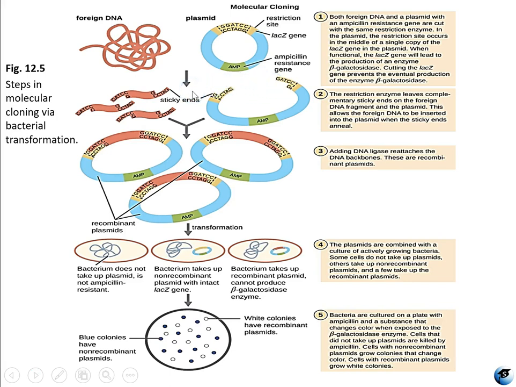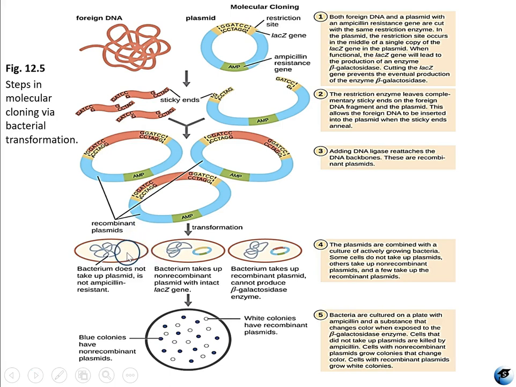Cutting this gene prevents the production of a specific enzyme called beta-galactosidase. The restriction enzyme leaves a sticky end on the foreign DNA, and this allows the foreign DNA to be inserted into the plasmid because the sticky ends stick together. Adding the ligase reattaches the DNA backbones, and these are the recombinant plasmids.